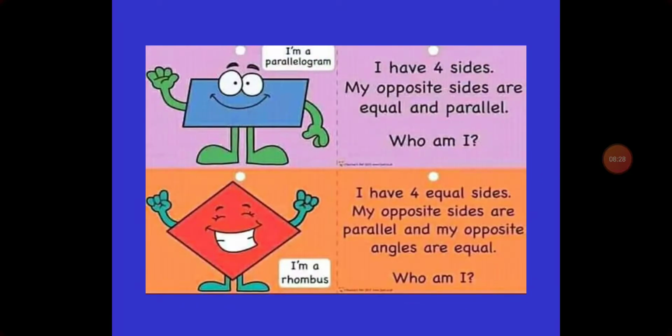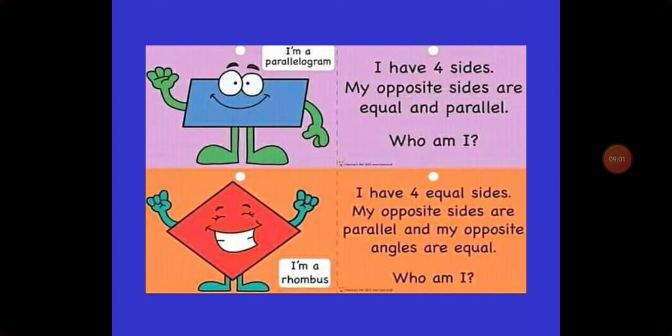Now, I have 4 sides. My opposite sides are equal and parallel. Do you understand this? I have 4 sides. Now, my opposite sides are equal and parallel. Who am I? I am a parallelogram.